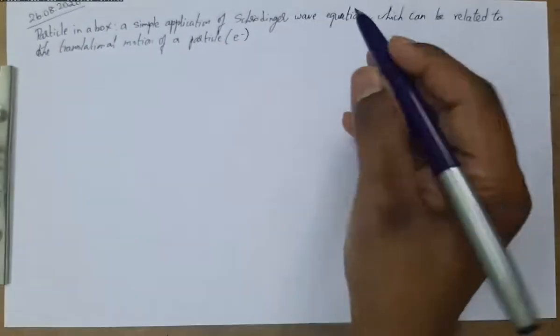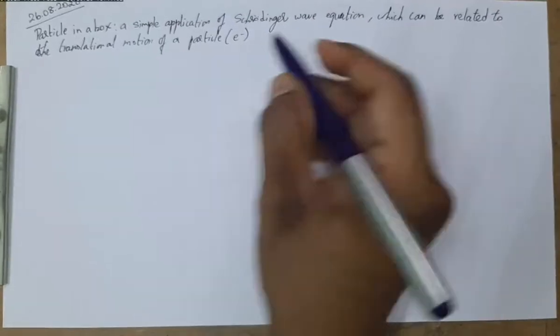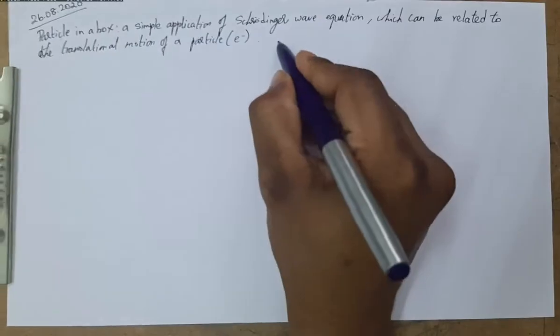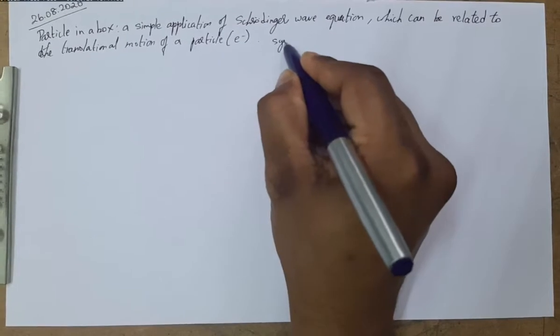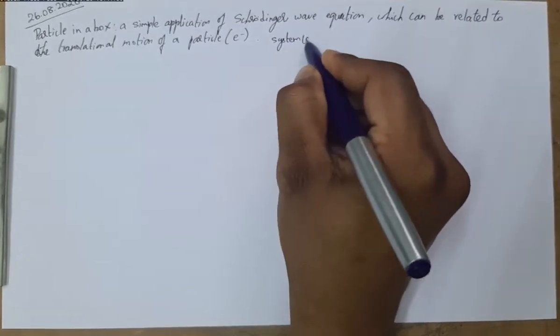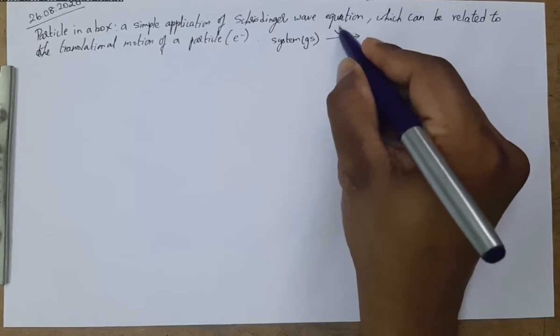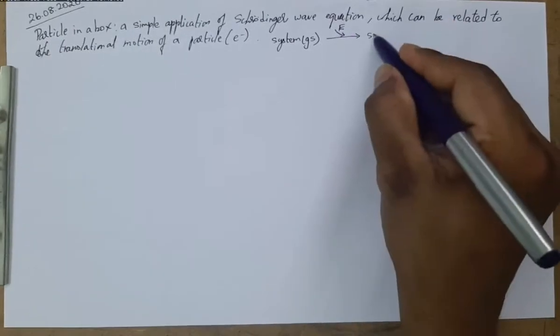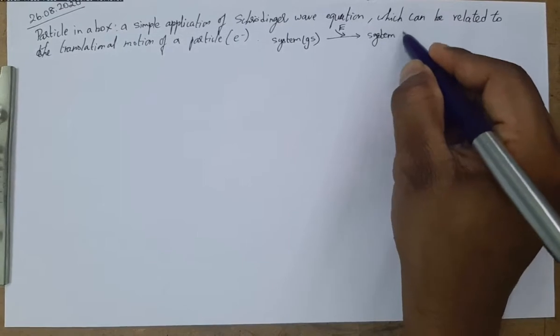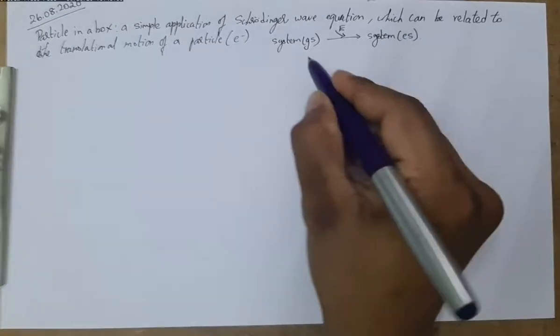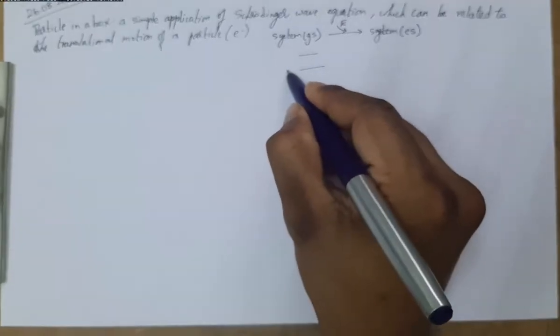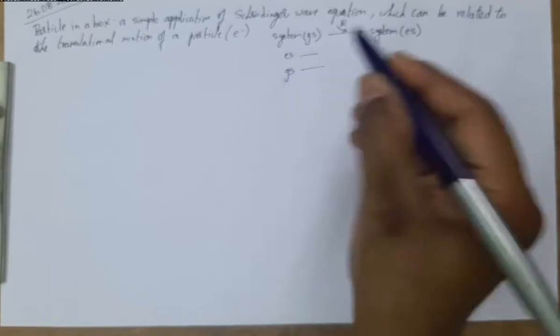So what I mean by this is that we always say that when you have a system which is in a ground state, you give some energy to the system, it will go to some excited state. So basically you are in a ground state and this is the excited state.